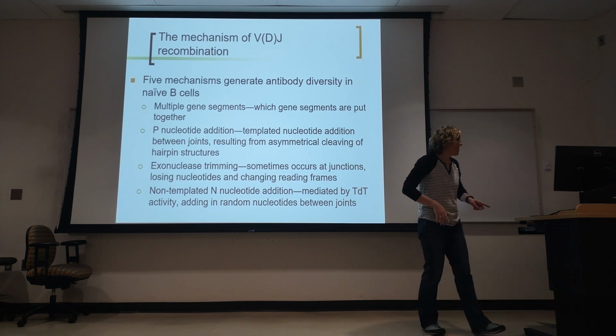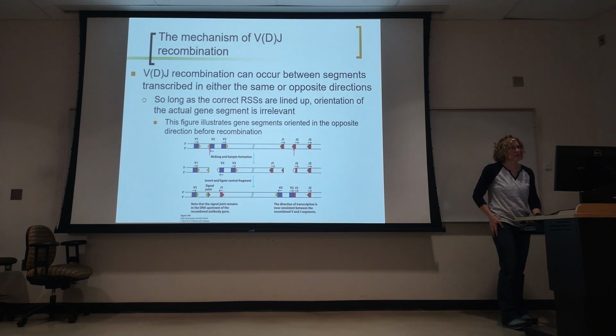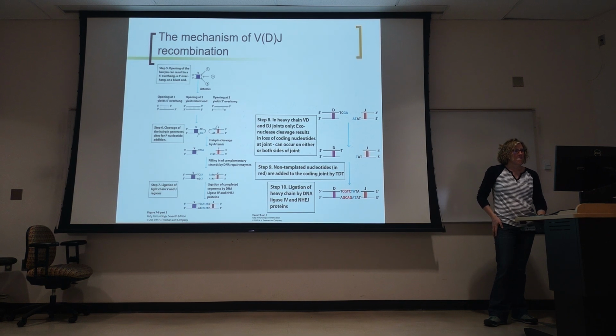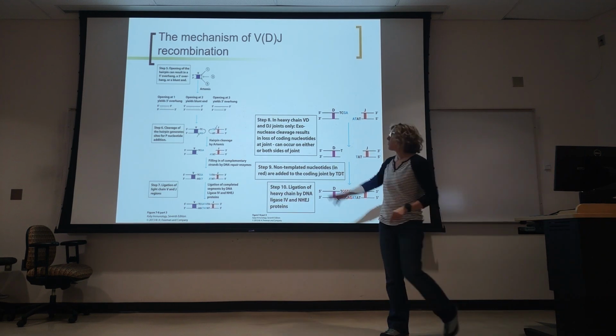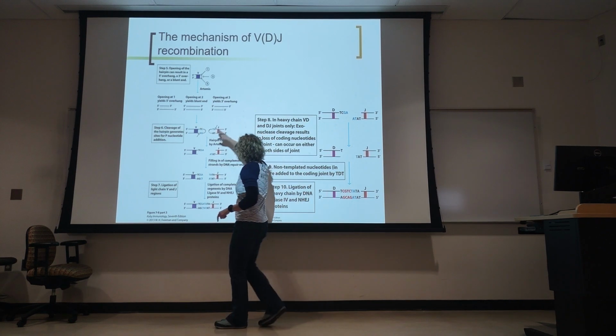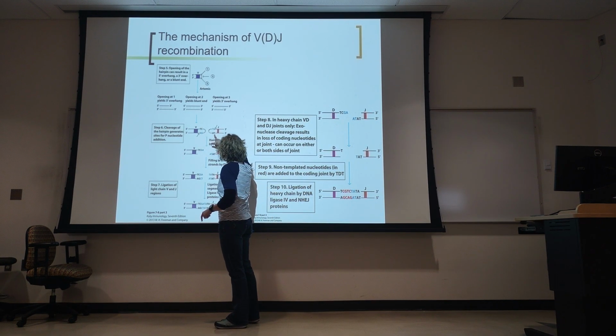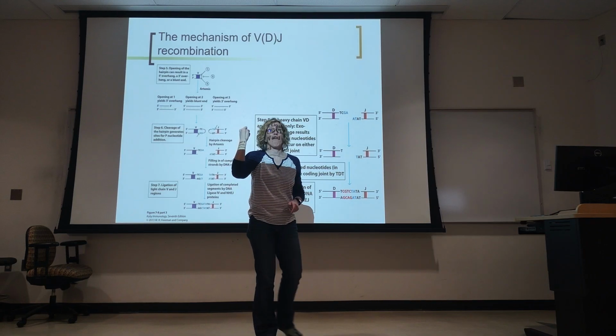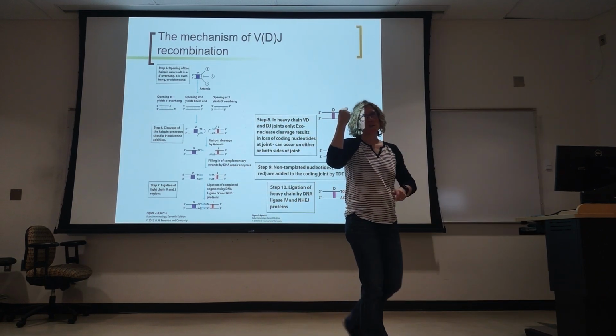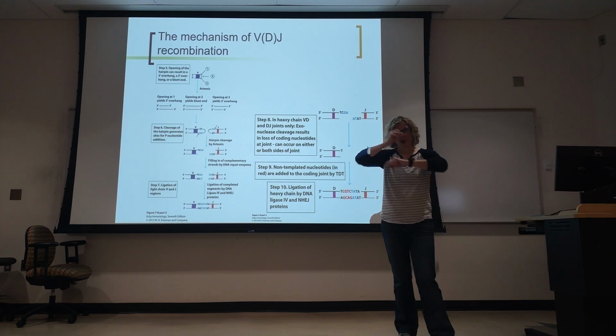Sometimes, I forgot to mention this when we went back, and I think there actually is a picture of it. There can also be trimming of the overhangs. So let's say the cell doesn't like it, there's a T and a C and a whatever, it's like, oh, these don't match. There's an enzyme that can come in and chew off nucleotides as well to help make the joints.